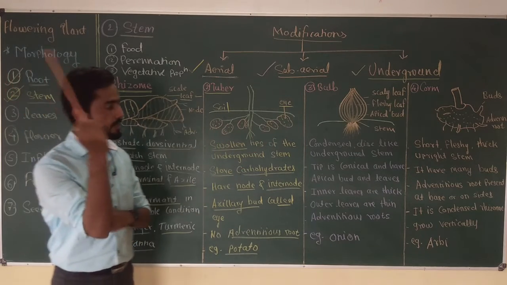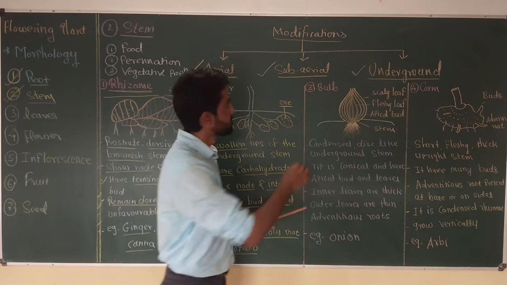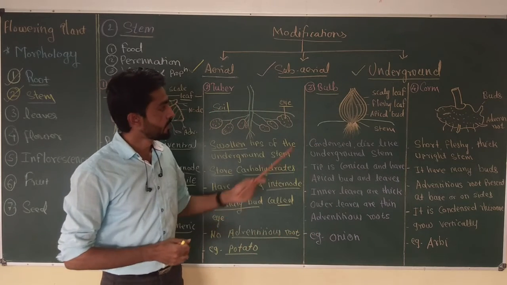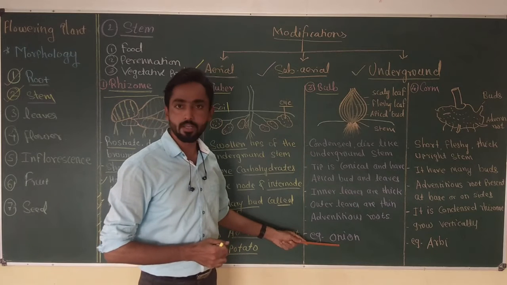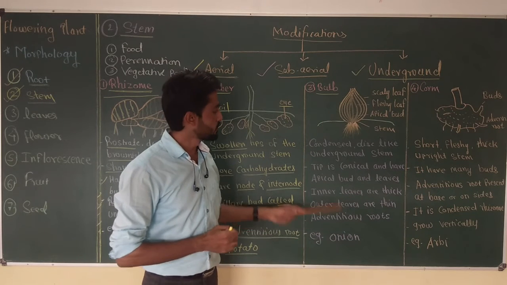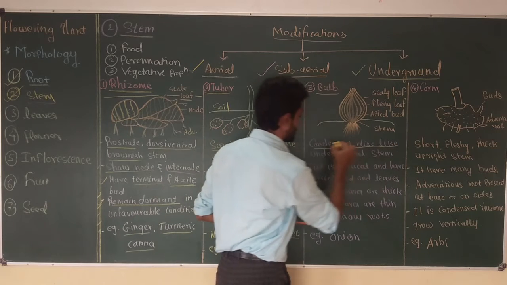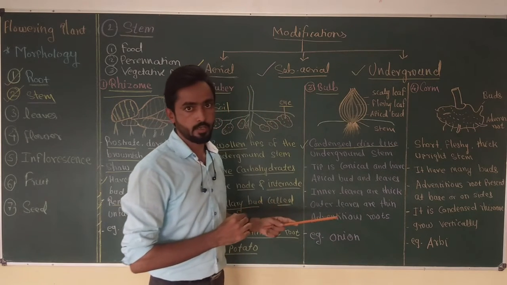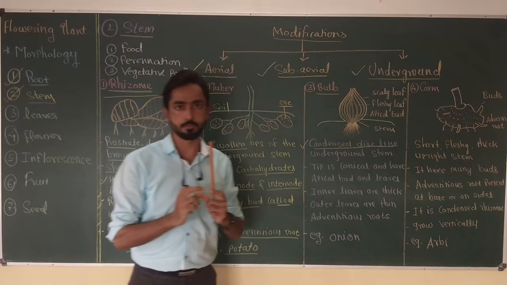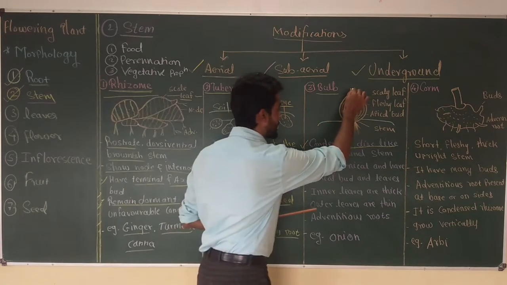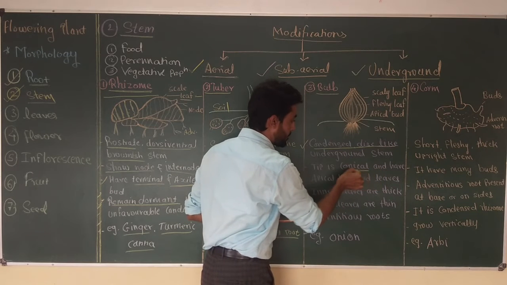Now the third type of underground modification in flowering plants is the bulb. The example of the bulb is onion. It is a condensed, disc-like underground stem. Here you can see it is a condensed form of stem which is generally disc-like, and the tip of the stem is conical.